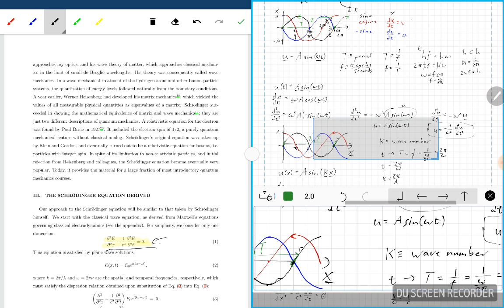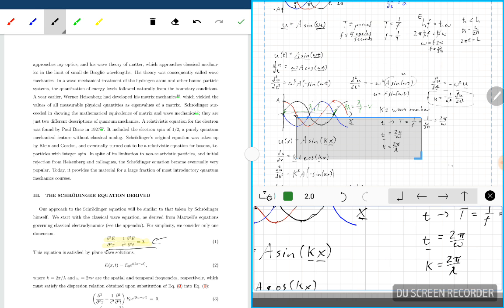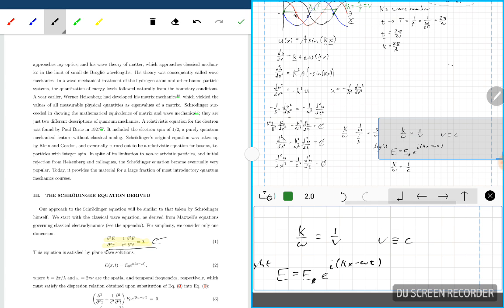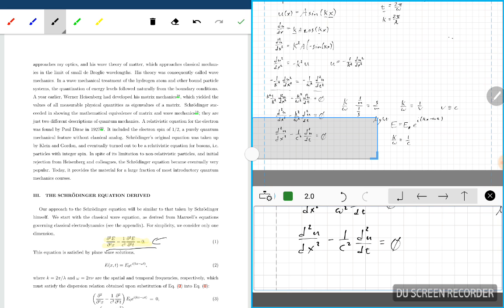So that means that we have some space over some time t, that is distance over time, and that is velocity. You might have replaced your t with 1 over f. So the velocity is the frequency times the wavelength, which is exactly what we get here with omega over k. So velocity is the frequency times the wavelength.